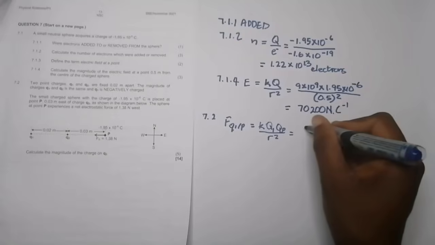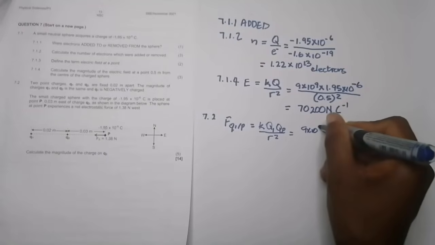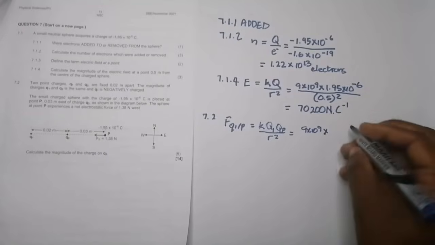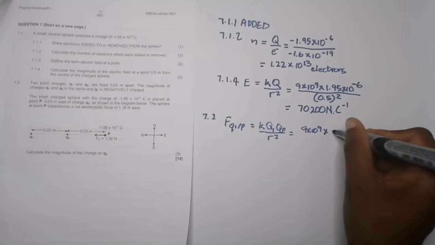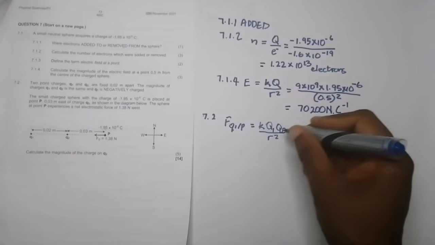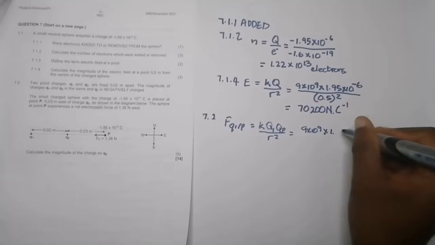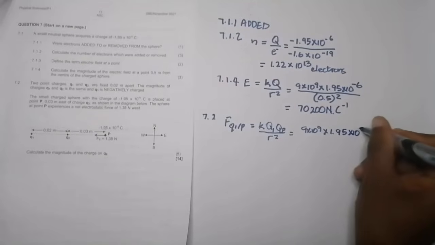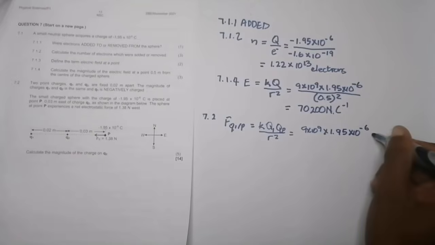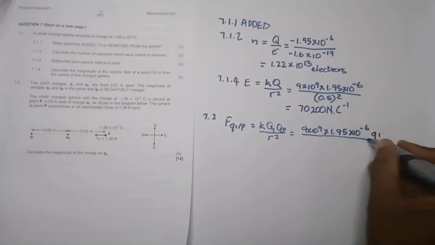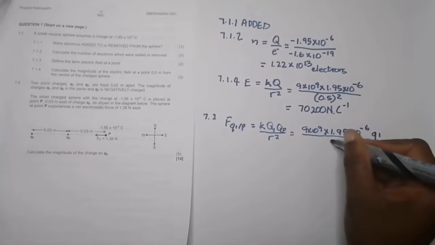So this is 9 times 10 to the power 9 multiplied by, let me substitute the charge QP, 1.95 times 10 to the power minus 6, multiplied by the charge of Q1, divided by the distance.